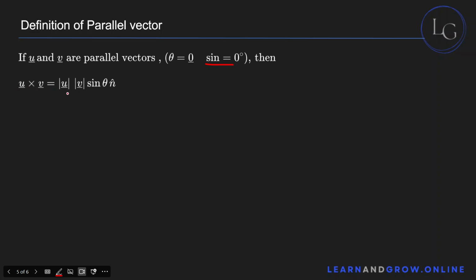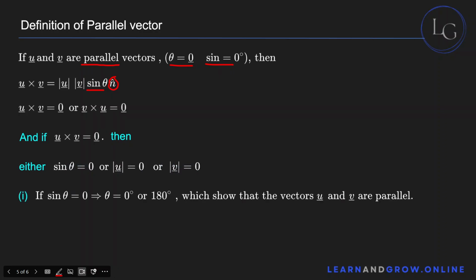U cross v is equal to the magnitude of u into the magnitude of v into sine theta into the vector n, which is perpendicular to u and v, right? And you know now how to find the direction of that unit vector. So u cross v is equal to 0, or v cross u is equal to 0 when they are parallel, because theta is equal to 0 between them. The angle between the two vectors u and v is equal to 0 when they are parallel, obviously.